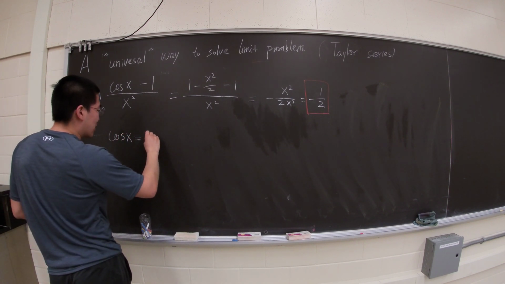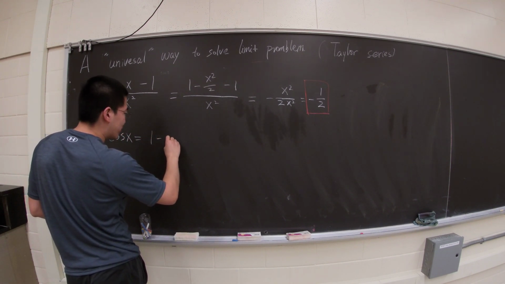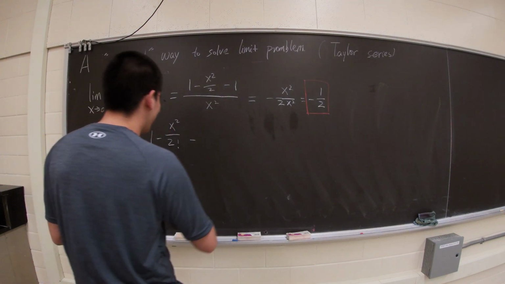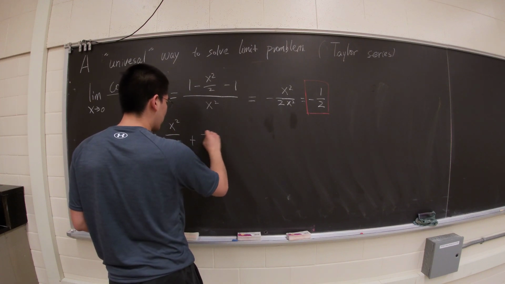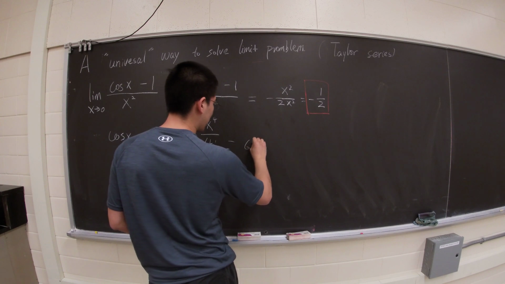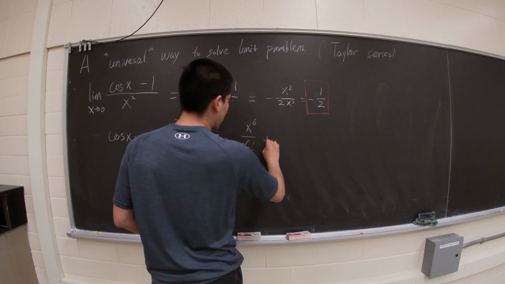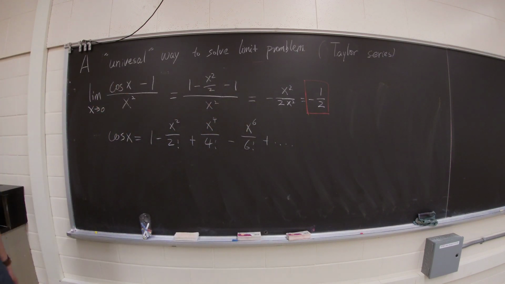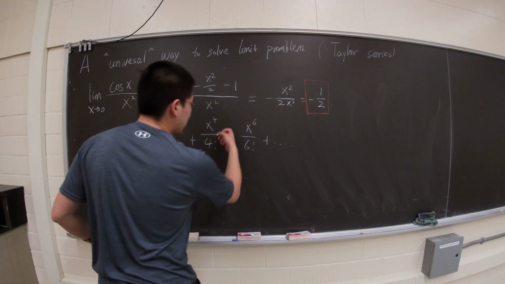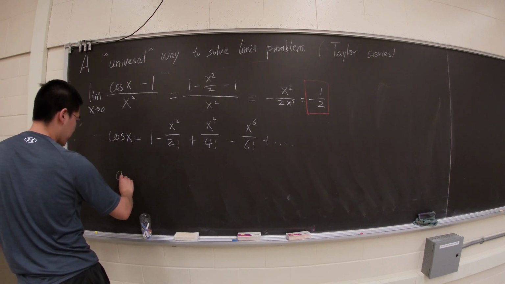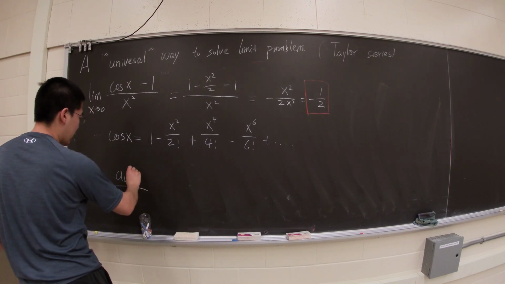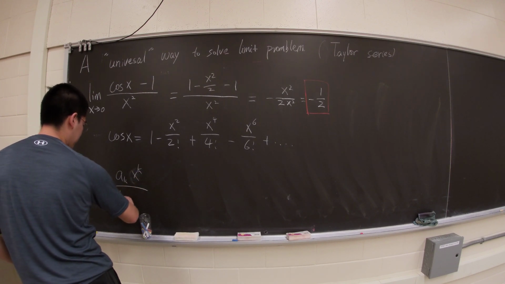the Taylor expansion of cosine x is this. You just take the first two orders, because that's basically the a_k, b_k scenario.